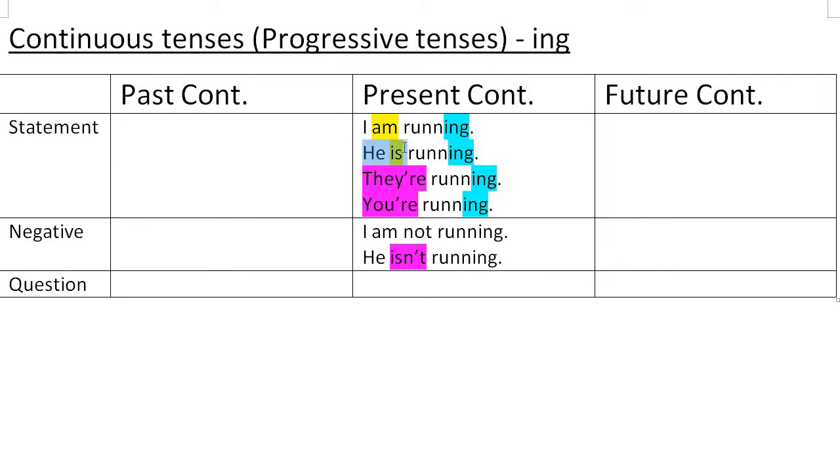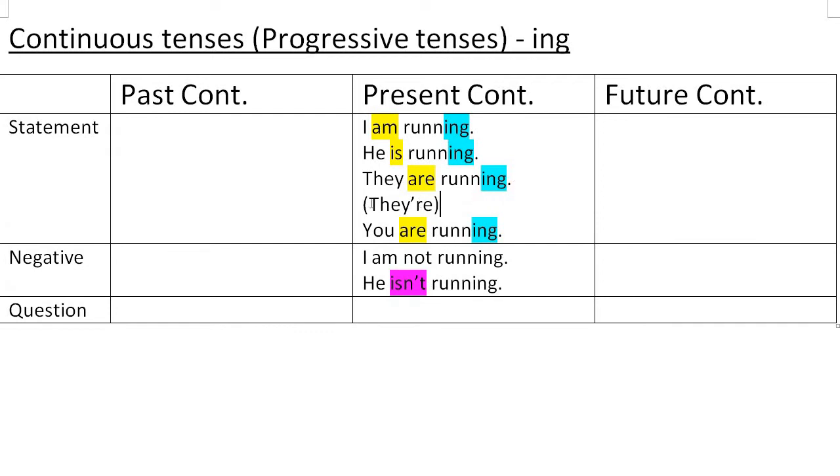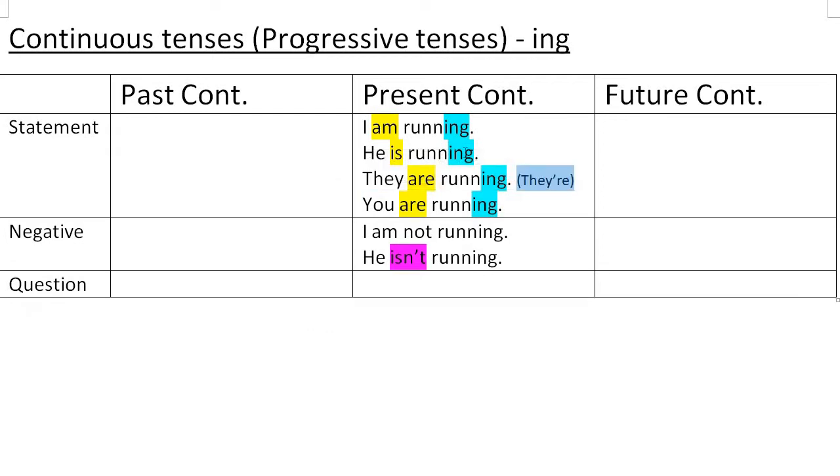And even with this one, he is can change into he's running as well. Okay, I'm just going to undo those just so we can see. Okay, so I'll put that in brackets just so you can see there. It can also be there, and it can also be you're, if you put the contraction in, and this one will be he's, and this one will be I'm.